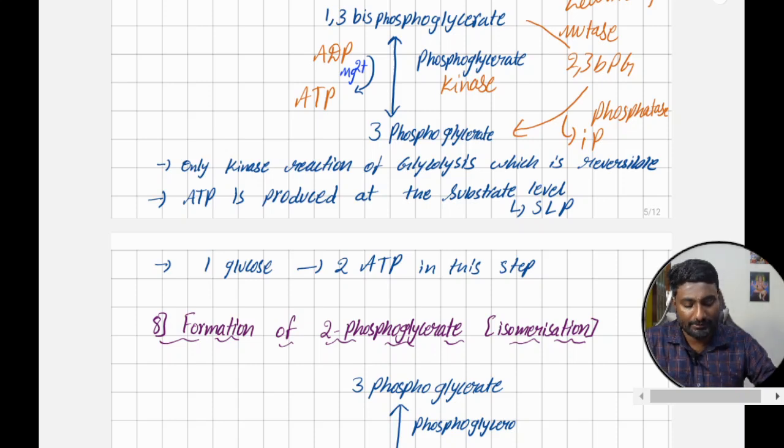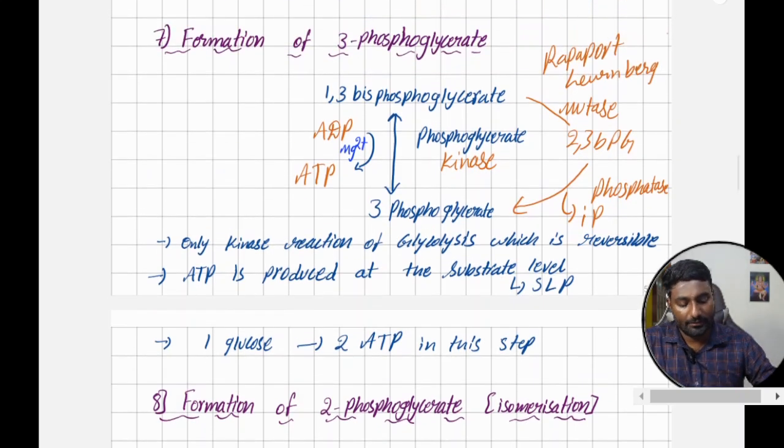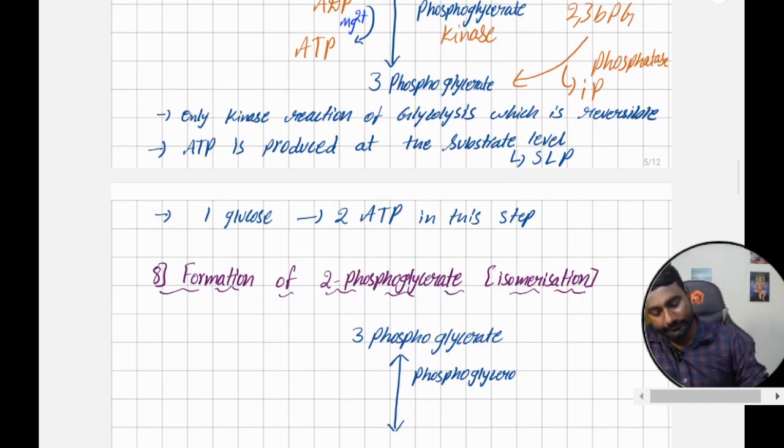Okay, what is this significance? See here, 2,3-BPG which is formed here is required for the release of oxygen at the level of tissues. Okay, now it is the only kinase reaction in the whole of glycolysis which is reversible.